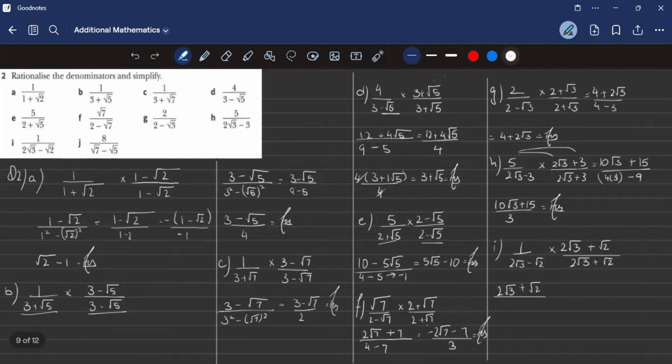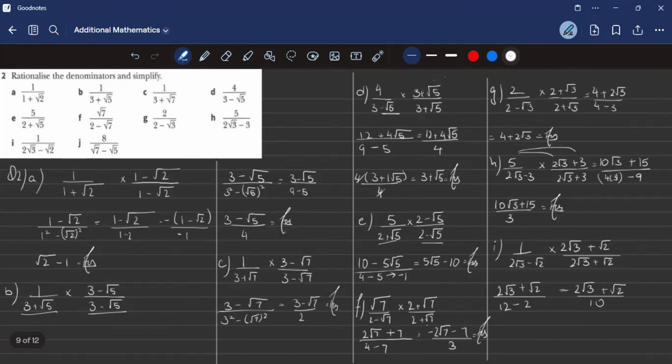I would prefer to write 12. 12 minus what is under root 2 whole squared? It's 2. So 2 under root 3 plus under root 2, divided by 10, would be your final answer for part I.